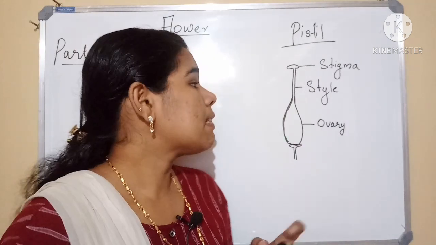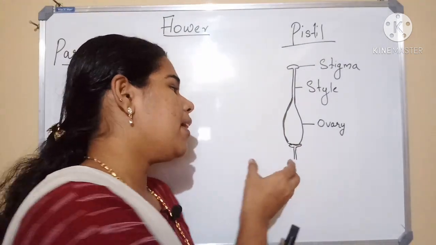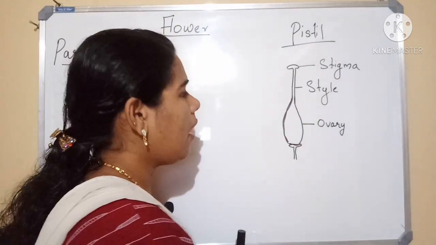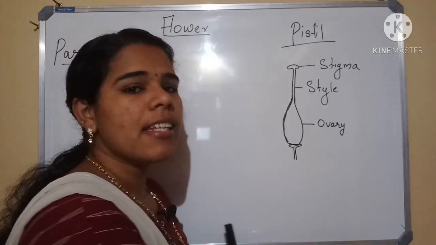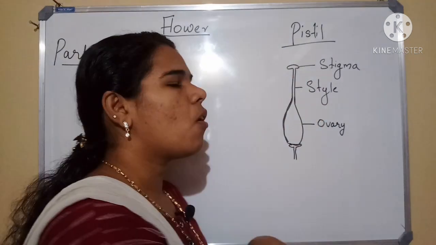So this pistil has three parts: the basal swollen portion is called the ovary, the long narrow part is called the style, and the uppermost part is called the stigma.